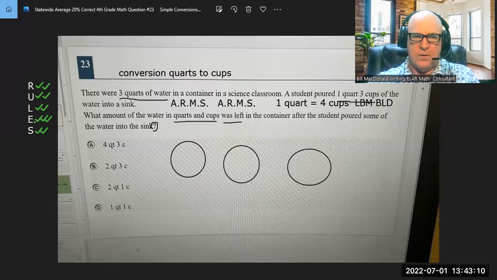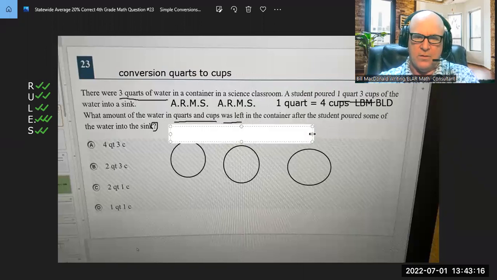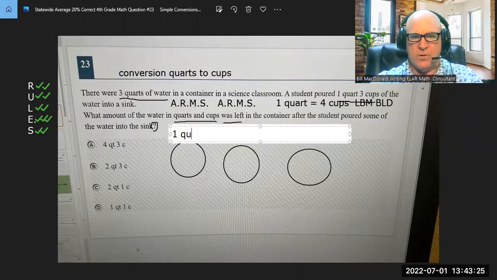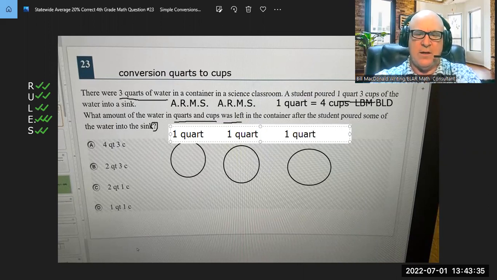All right. So we should probably label that so that we can understand what we're looking at there. There's 1 quart. Lowercase to make it easier. There is another quart. And there's your last quart. Why did I do that? Because it said he has 3 quarts of water.